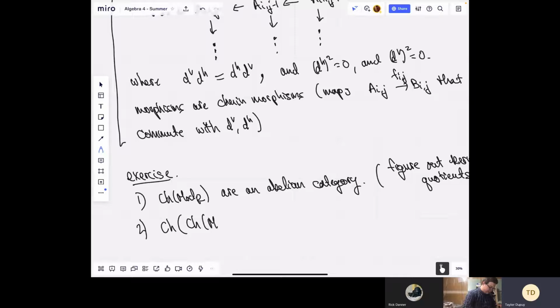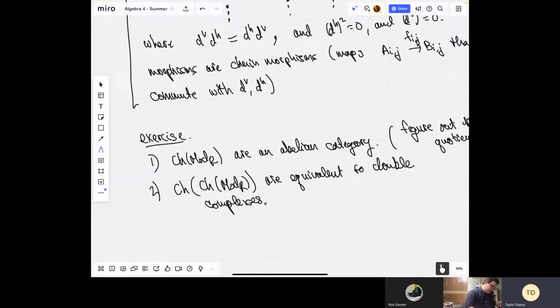Chain complexes make sense for any category. So if I take chain complexes of chain complexes, this is equivalent to double complexes. These are again chain complexes with chain maps.